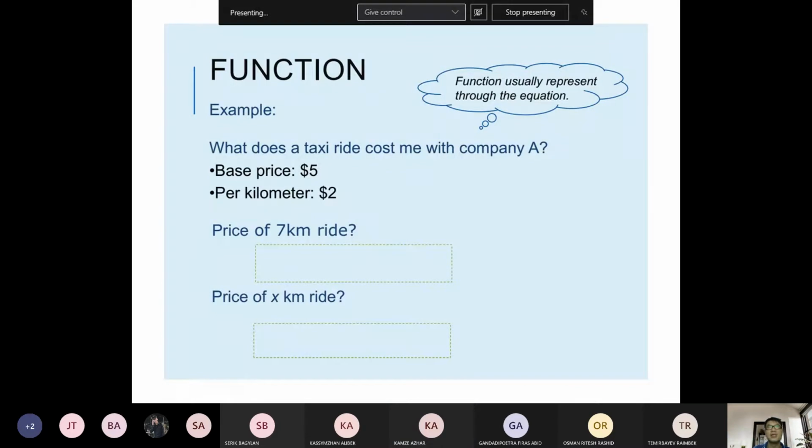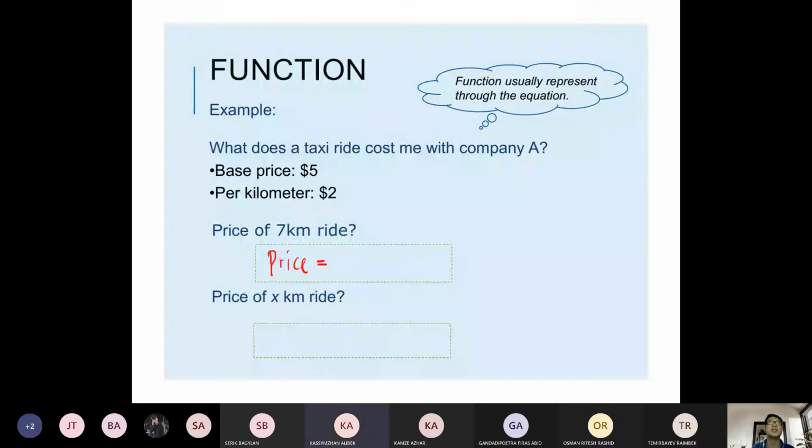The base price is $5. And there is the cost per kilometer: for each kilometer traveled, you pay $2. The first question: what is the price you need to pay if you travel 7 km? How do you calculate this? 7 times 2, 19. Good.